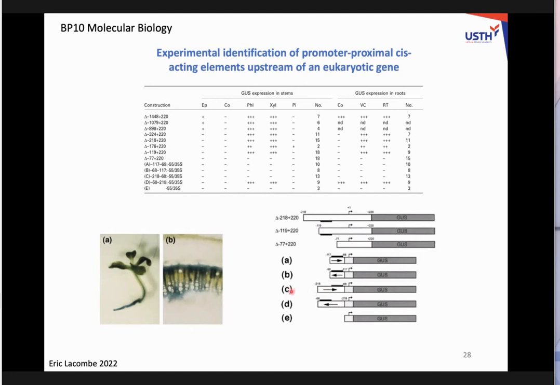So let's compare A, only -119 till -77, and C, -218 till -77. Actually, what we are doing is reconstructing this promoter and this promoter with the regulatory sequence at the same position.